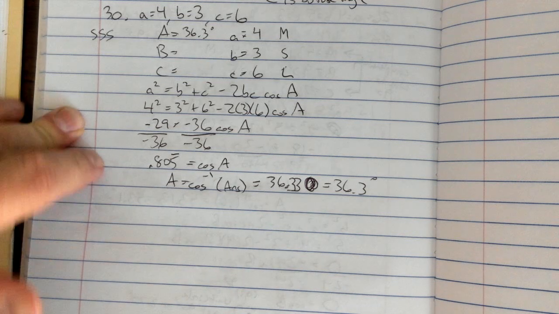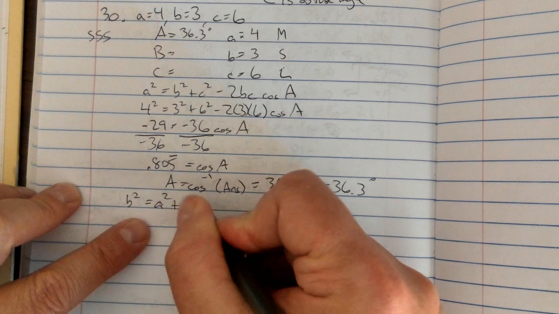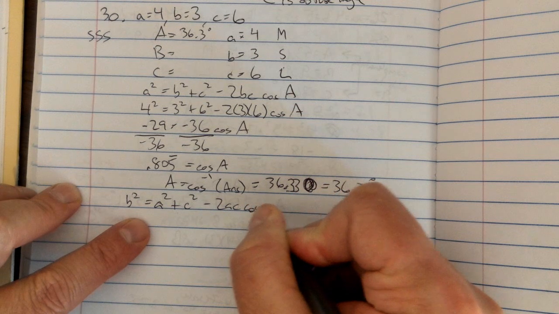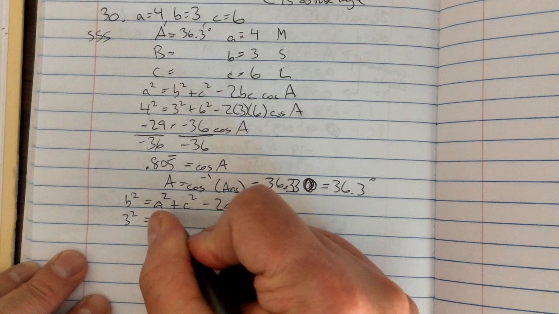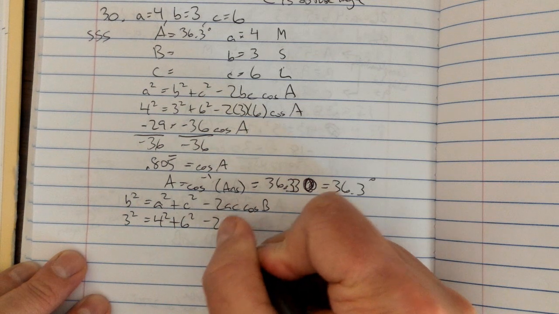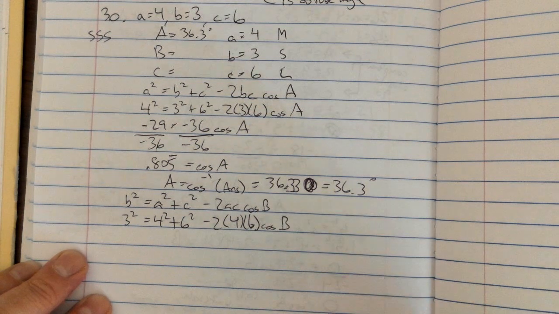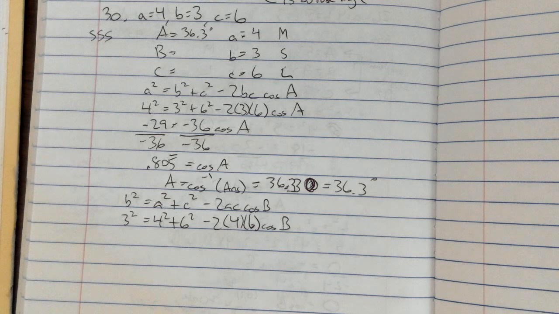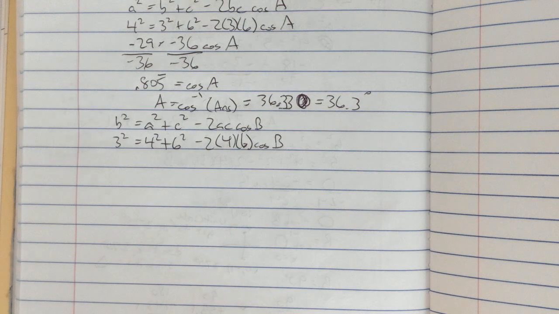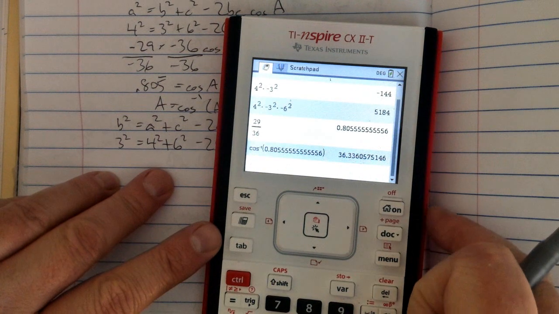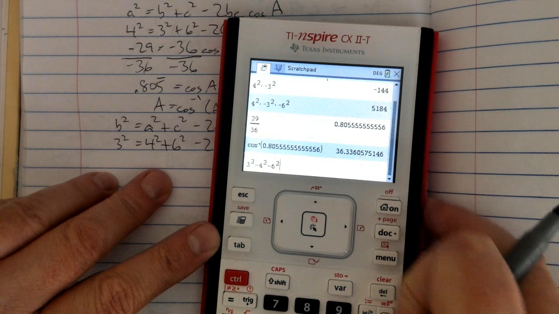Okay, so now we need B. So we're going to have B squared equal A squared plus C squared minus 2AC cosine B. So 3 squared equal 4 squared plus 6 squared minus 2 times 4 times 6 cosine B. So we have 3 squared minus 4 squared minus 6 squared.